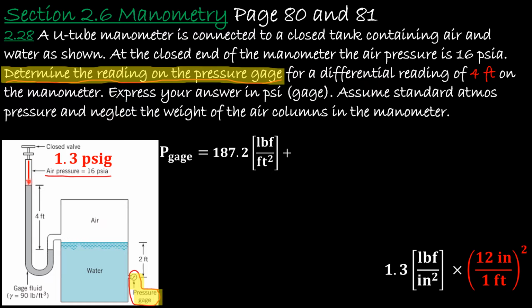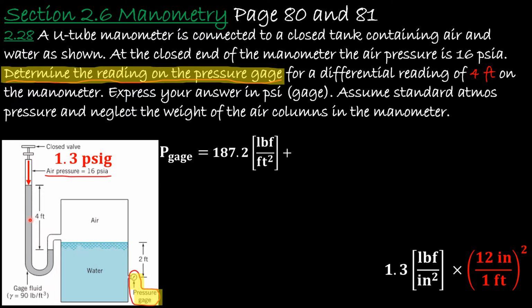So here we have the 1.3 psig. But remember, we multiply this by 144, and it will give us 187.2 pound force per feet squared, plus. Now, as we increase in depth, the pressure increases. That is why we have positive.